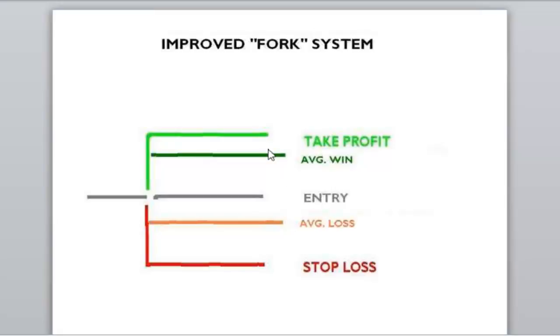And imagine we exit also earlier in the take profit for whatever reason. And see here, now the ratio is 2-to-1. The distance from the entry to this green line is twice the distance from this entry to the stop loss. So that's an improved fork system. You follow? So what does it mean?